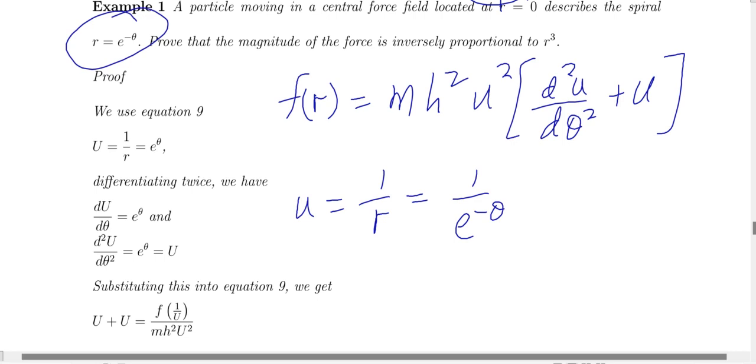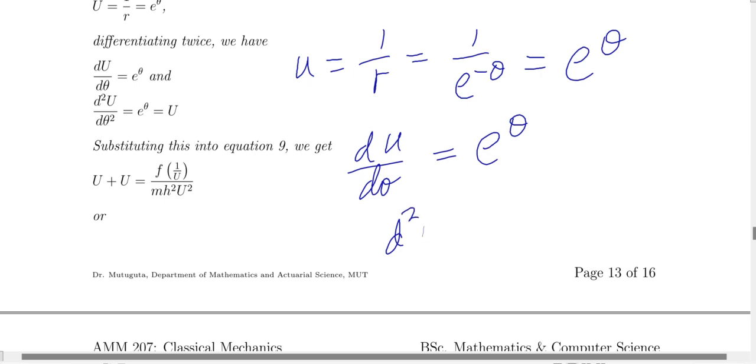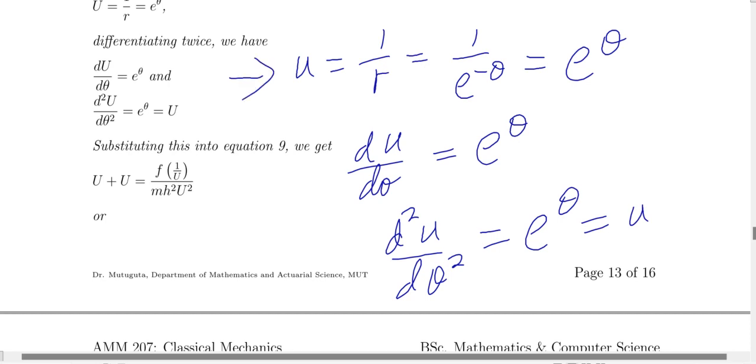So this becomes e raised to power theta. We can now differentiate u with respect to theta, and we get e raised to power theta, and we differentiate again, d squared u by d theta squared, we get e raised to power theta, which is u.